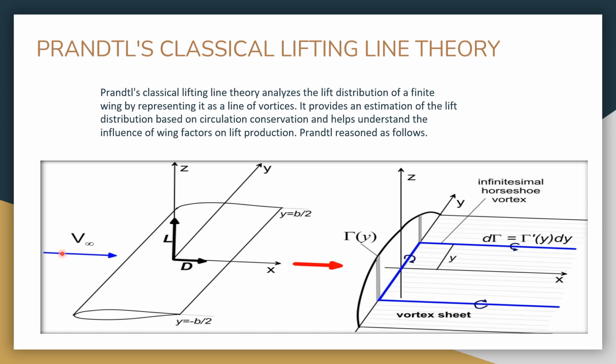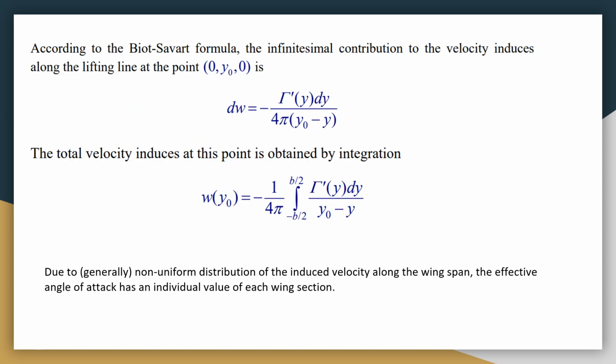This is the free stream velocity, this is the airfoil structure, these are the X, Y and Z directions, with the lift in the Z vertical direction and the drag in the direction of the free stream velocity. The span is from minus b by 2 to b by 2. This is the vortex sheet, with strength gamma equal to gamma naught y dy, in the y and z directions. Now the further explanation is in the next slides.